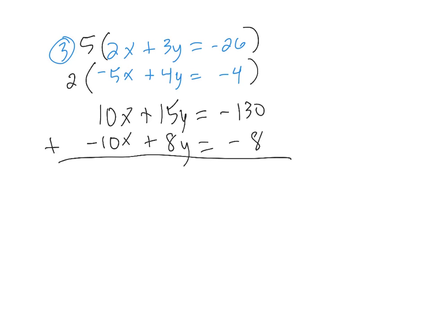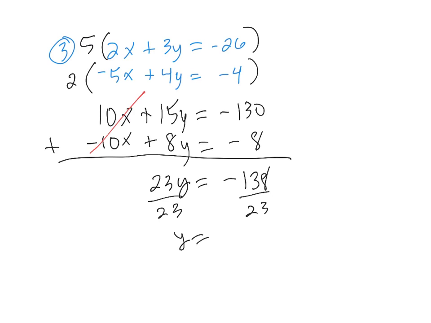Time to add both equations together. 10x plus negative 10x cancels out. 15y plus 8y is 23y. Equals negative 130 plus negative 8 is negative 138. Divide both sides by 23. Y equals negative 138 divided by 23 is negative 6.